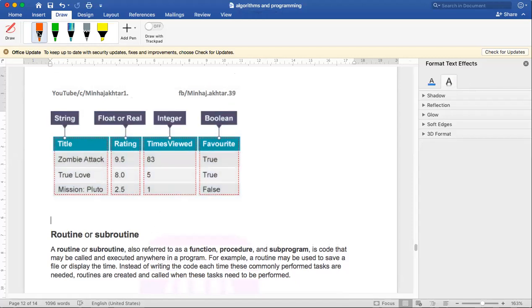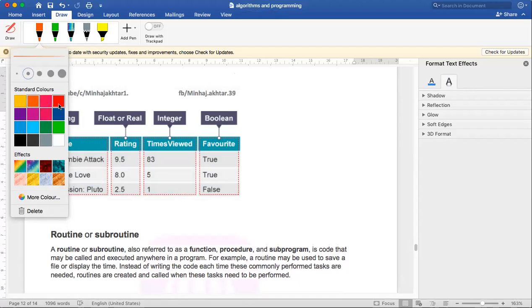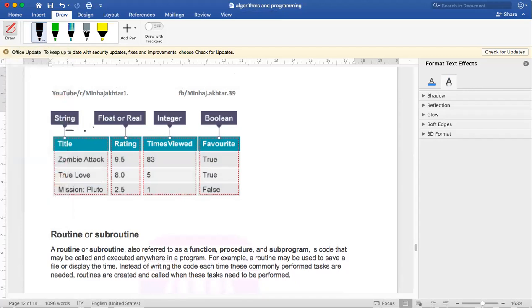So in the string, you can see Zombie Attack, True Love, Mission Pluto. These are the movies, right? I think it's a very good chart. You will easily understand the topic of data types. We have a string value, these are the movie names. These movies are awesome.